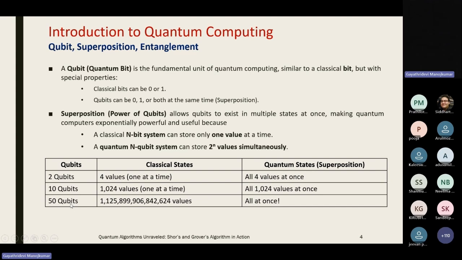When I come to 50 qubits, it becomes 1 trillion values, all of which I can represent at once. So with the help of superposition, we can represent multiple states at once. That is the power of quantum bits and quantum computing. With superposition, we are doing parallel computation, and with parallel computation, quantum computing processes much faster than classical computers.